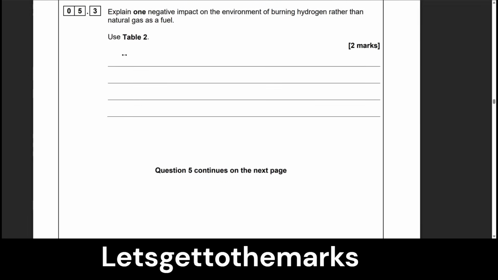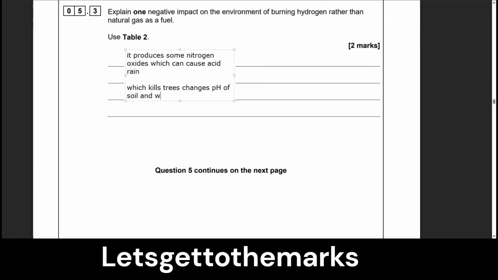So we're going to say it produces some nitrogen oxides, which can cause acid rain, which kills trees, changes pH of soil and water. I'm just listing all of them, you wouldn't need to put all of these. Also respiratory problems. It's been linked to asthma and other breathing issues.